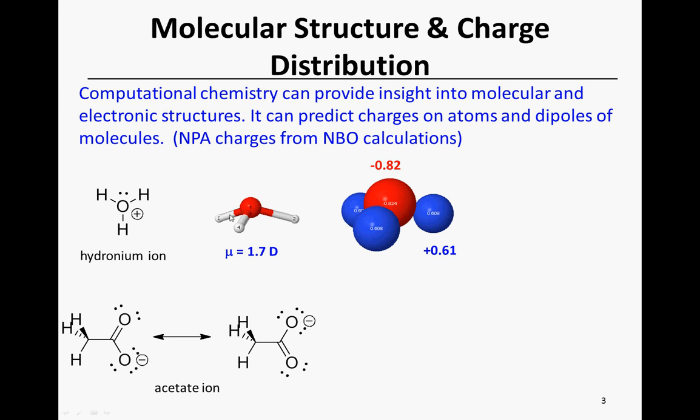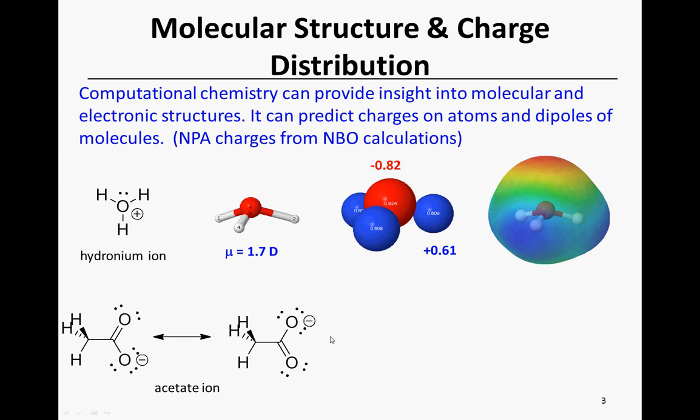This results in a polar structure with a dipole moment of 1.7 debye, and the dipole is along this axis where we have a negative end up here by the oxygen, a positive end down there by those hydrogens. You can actually ask computational programs to map the electron density for you, and they do a red depiction of the negative part and blue for the positive and a color gradient in between. And you can see that, yeah, this is a polar molecule with a red negative end and a blue positive end.